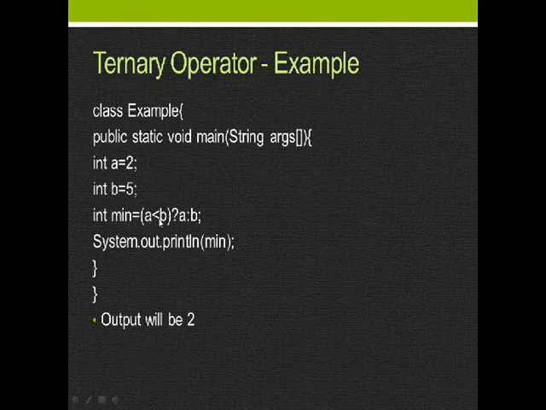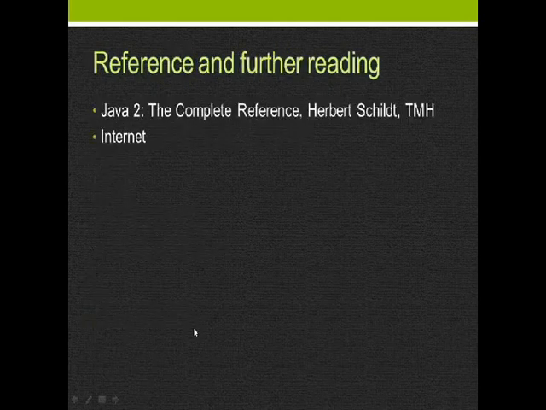If a is less than b, then a, otherwise b. Now let us see System.out.println. Here a equals 2, b equals 5, so a less than b is true. If it is true, then a will be printed. Now the output will be 2. Oh, sorry, 2.